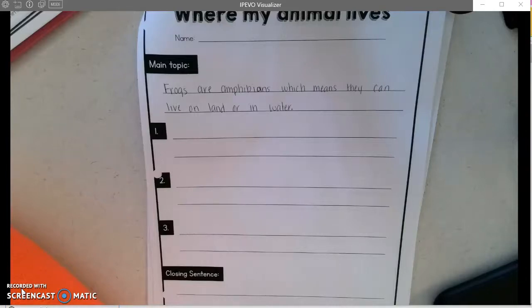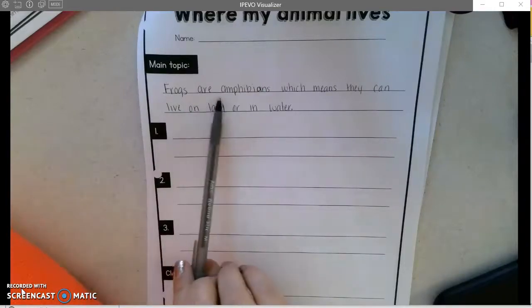Civilization is a really big word. But you typically don't find a cat, like a pet cat, not like a cheetah or a jaguar or anything like that. But you typically don't find a house cat out in the random wild. Usually they're in towns or in cities, which is where people are. So your main topic sentence would say something about how cats are usually pets, so they live where the people are. Okay, and then you would write your 3 details.